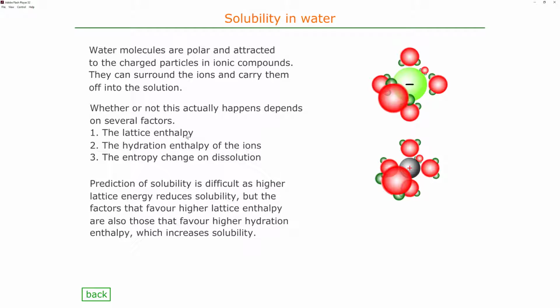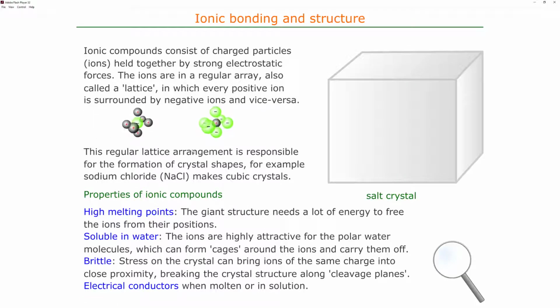So really it's a balance between the lattice enthalpy, which is the force of attraction of the ions for each other, and the hydration enthalpy, which is the energy released when the ions get caged up by water molecules. We'll go more into this when we study energetics. As I said, the prediction of solubility is difficult because these 2 factors tend to be influenced by the same things.